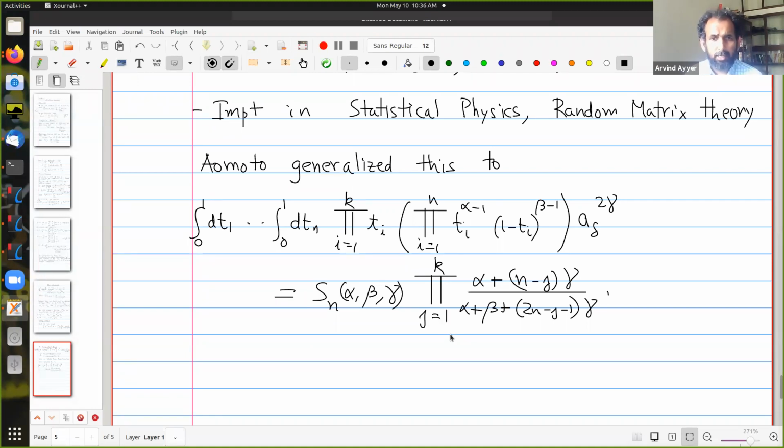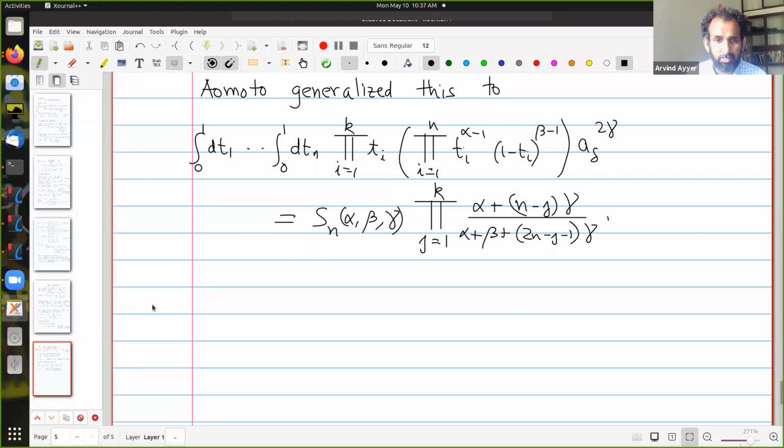Right. And so what Macdonald realized is that this can be generalized to an integral involving Jack symmetric functions. In particular, this product of ti is nothing but one term in an elementary symmetric function, and the Jack polynomials degenerate to the elementary symmetric functions when you take the column partition.